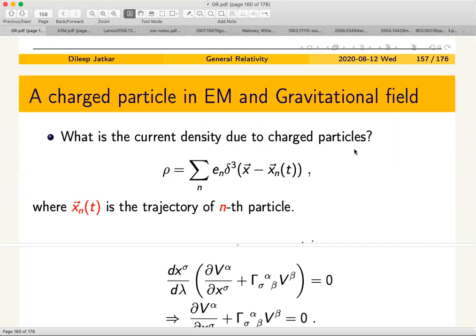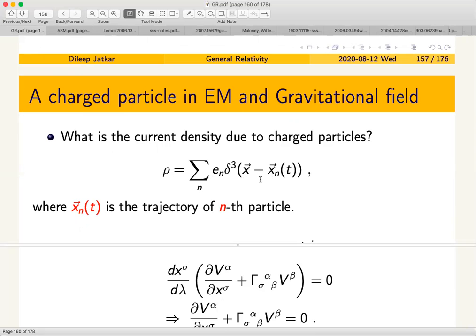Okay, so we could ask the question, what is the current density due to a charged particle? If you have multiple charged particles and if they carry different charges, which I have denoted as e_n, then every particle would be located at some specific space-time point. It has its own space-time trajectory given by x and t. Then rho is just the sum of all these charges.